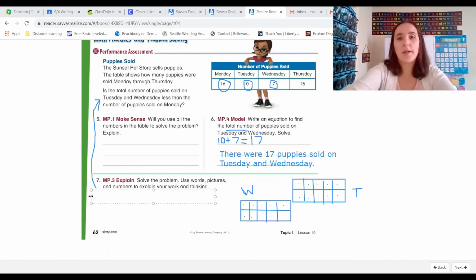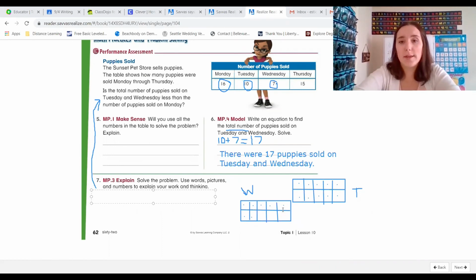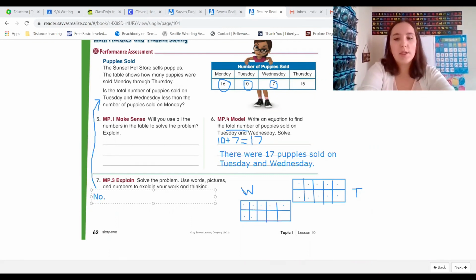Okay, so here's what I did. I drew 2 10 frames. I drew a 10 frame for the number of puppies sold on Wednesday, which was 7, and a 10 frame for the number of puppies sold on Tuesday, which was 10. Okay, we already did this problem and we did 10 plus 7 equals 17 up here, but I wanted to show my work. So I'm gonna say no, 10 plus 7 equals 17.